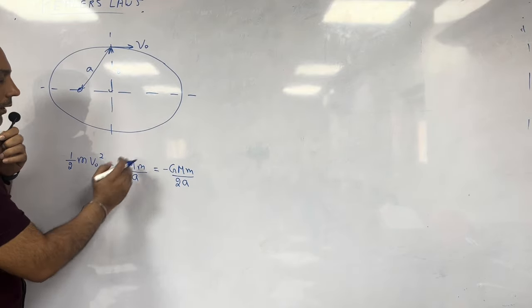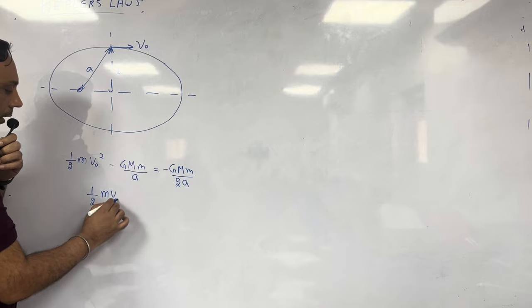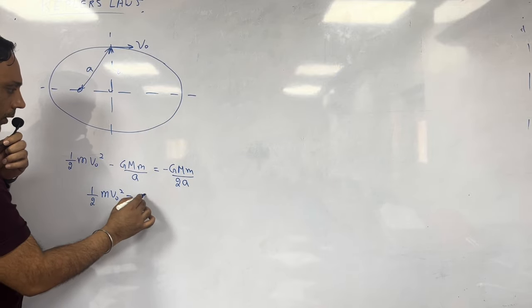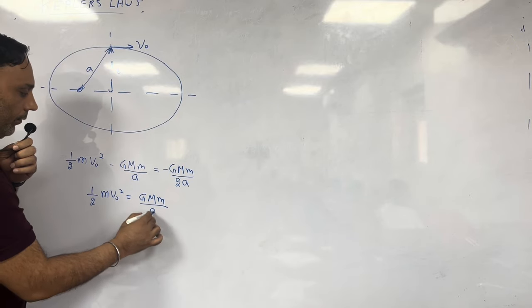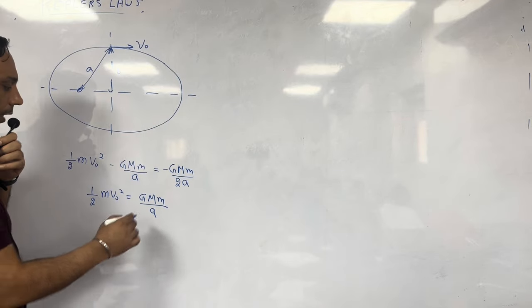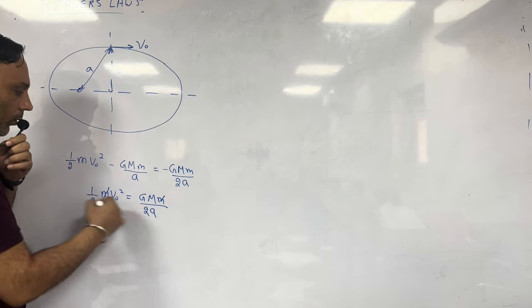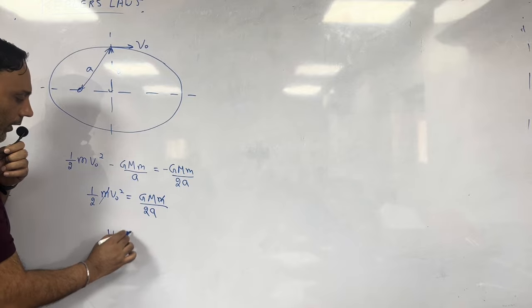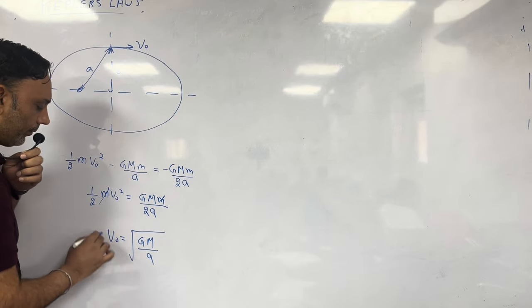So if you take it on the right side, half m V naught square is equal to G M m divided by 2A. So m cancels, 2 cancels, and V naught you get as under root G M by A.